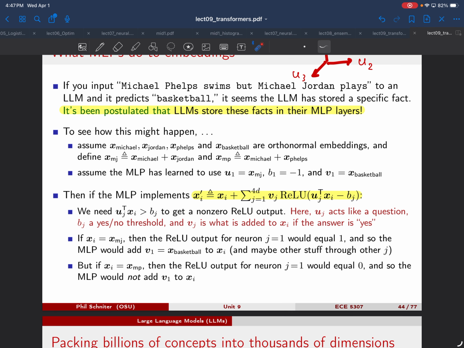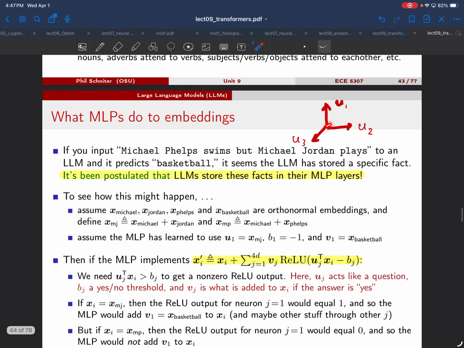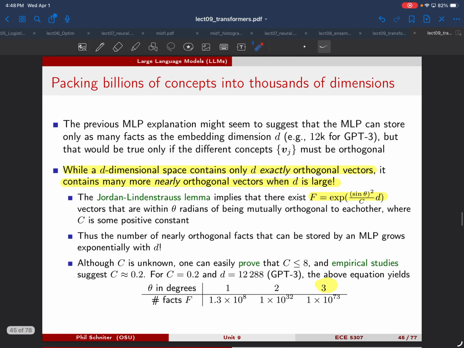And now you can get just different vectors in this d-dimensional space. But the question is how different are they? How orthogonal can you make them? Well, we see that you can actually make tons and tons of almost perfectly orthogonal things within a big space. Yeah. Huge numbers.